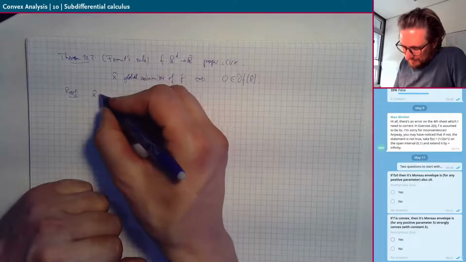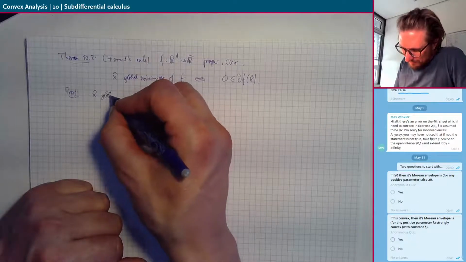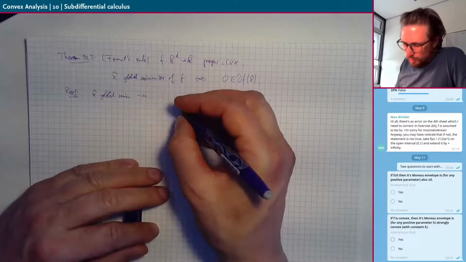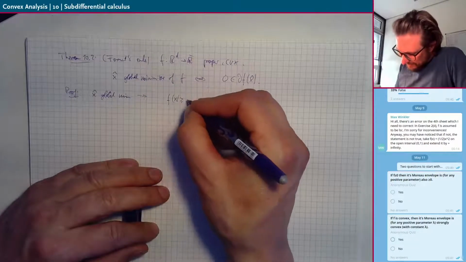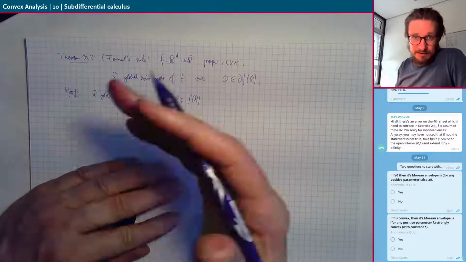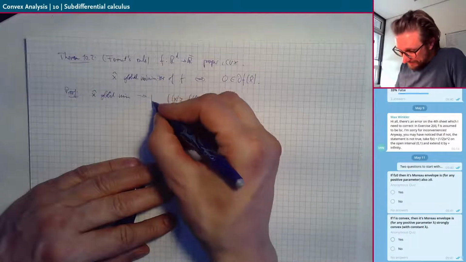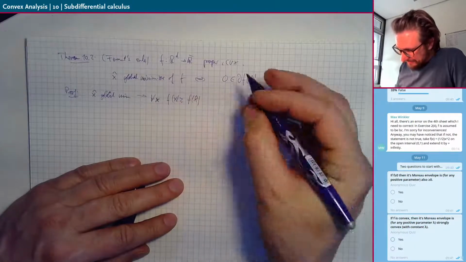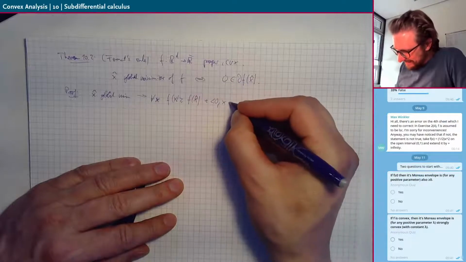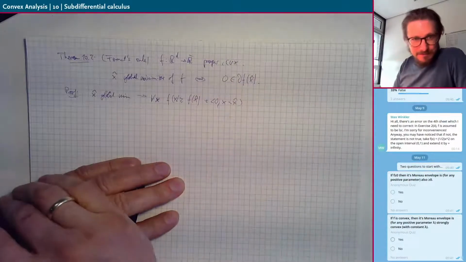If this is the global minimizer, then we know that f of x is larger or equal to f of x hat, for all x. And it's so simple, we can just add this here.